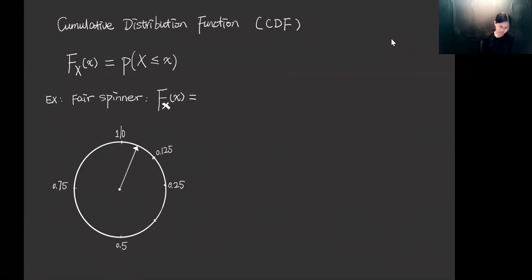For the spinner example, we know that X could fall on any point in the interval 0 to 1. And because we require this spinner to be a fair spinner, that implies that X should fall on any subinterval of this interval at a rate that's proportional to the length of that interval.